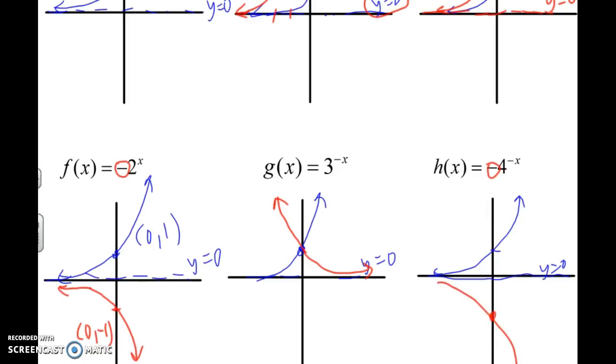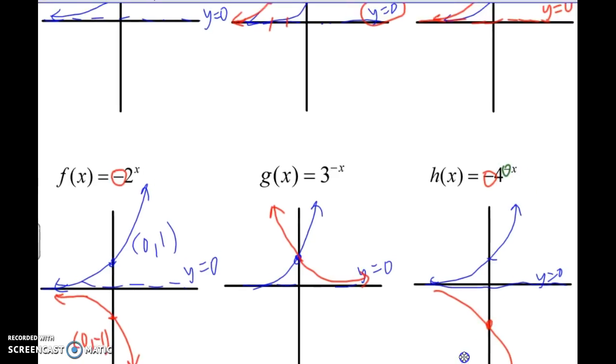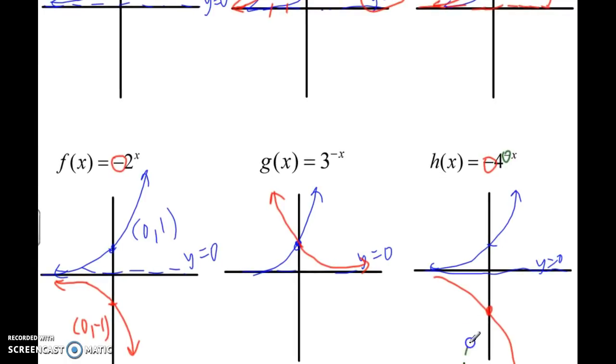And then this one is reflecting over the y-axis. So it takes this graph, reflects over the y. So it's going to start low and kind of come up to this asymptote right here and approach the asymptote at y equals 0. So it still has an asymptote at y equals 0. That didn't change. It starts low and then approaches the asymptote on the right.